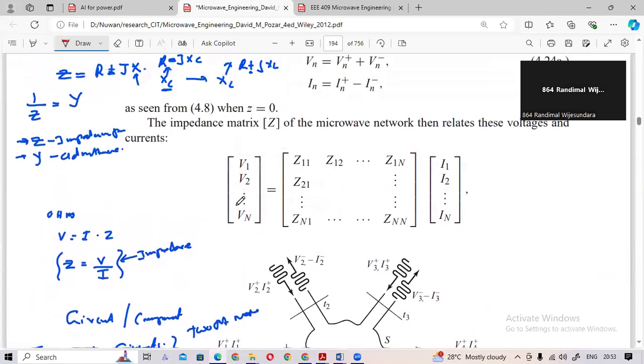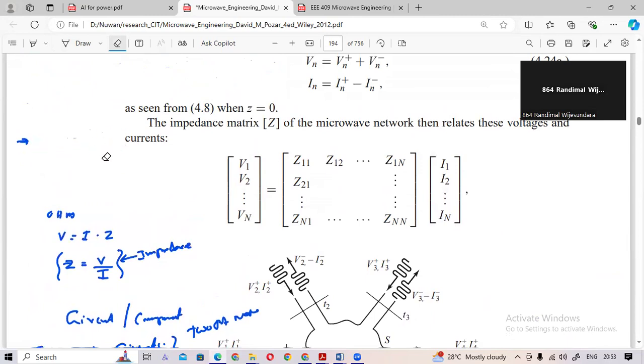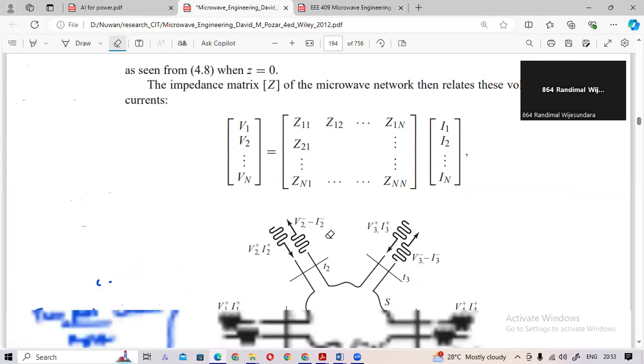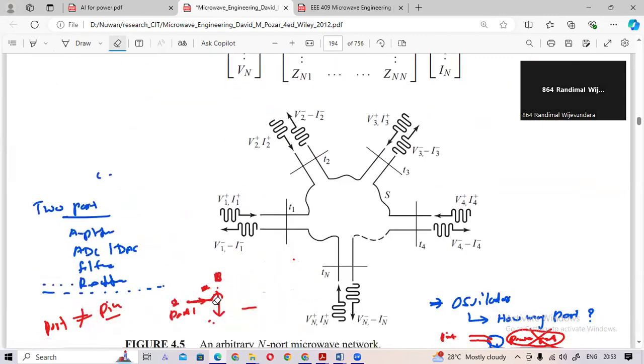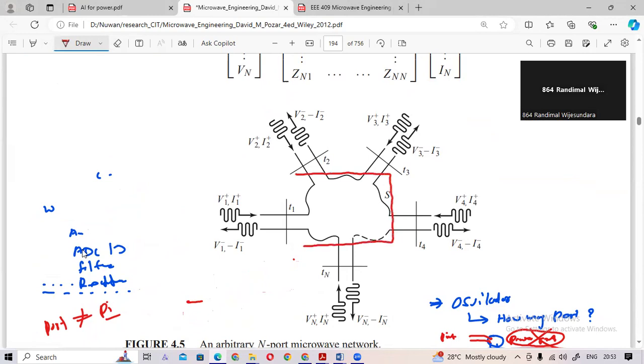Basically, if we consider an N-port circuit, generally, here one diagram is given. This is the circuit. This can be a coupler, this can be a combiner.